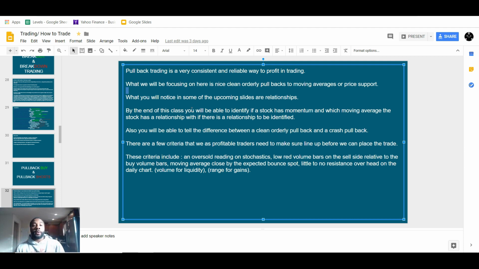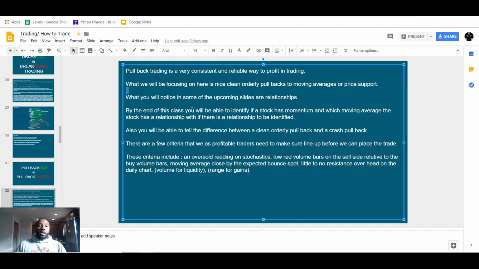So you'll be able to tell the difference between a clean and orderly pullback and a crash pullback. When we're trading pullbacks, we want to avoid crash pullbacks. We want to avoid sloppy patterns in general.